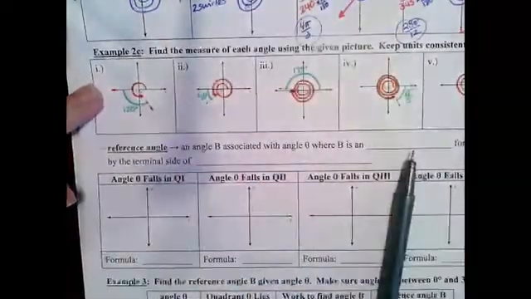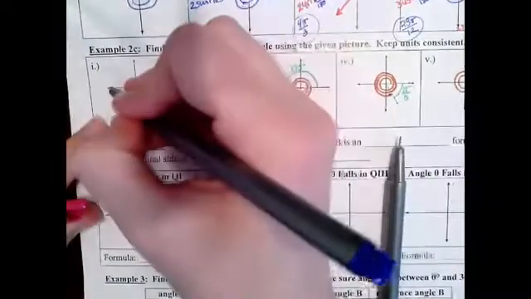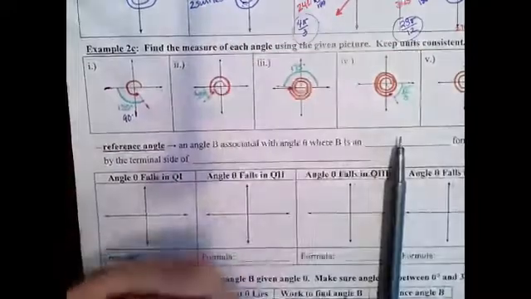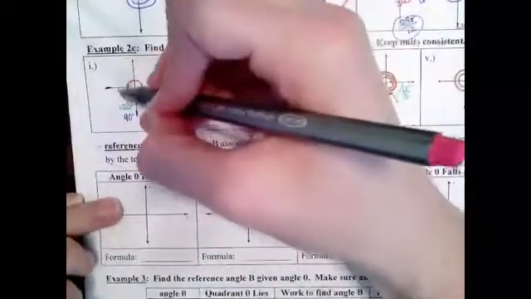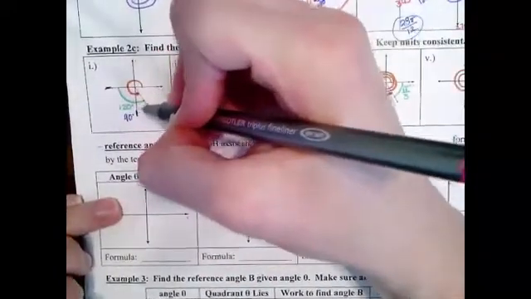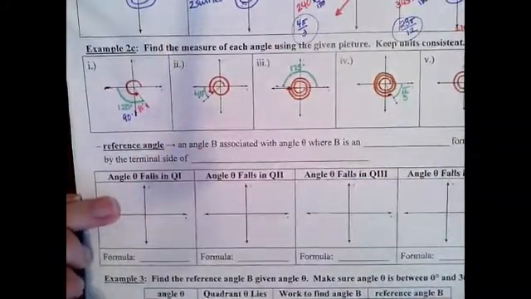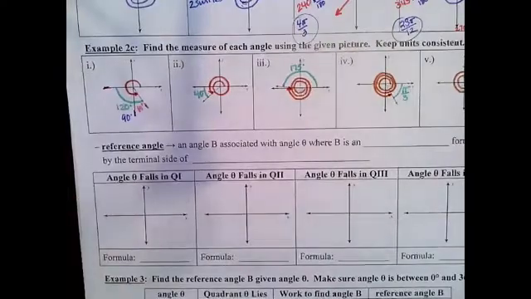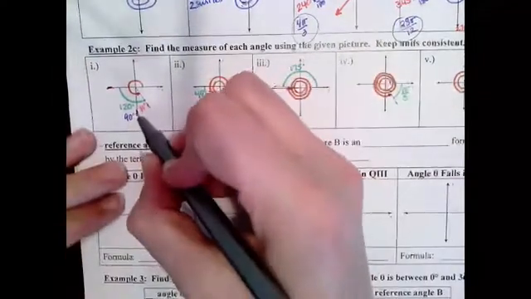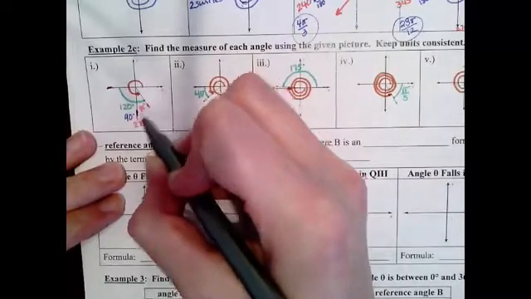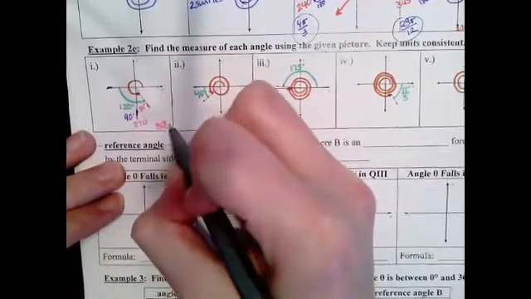And you guys should start seeing now that from here to here is 90. So out of that 120, if I've gone 90 here, how much more do I go? 30 there. We know that right here is 270.